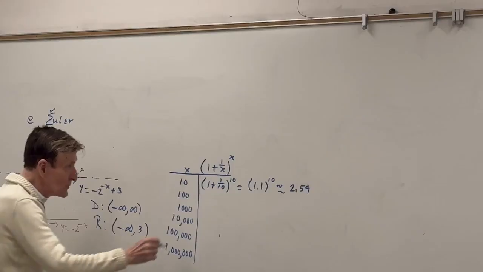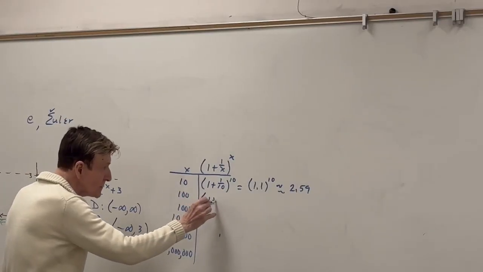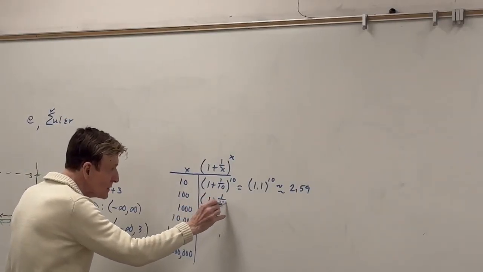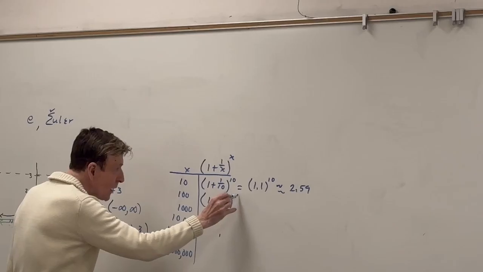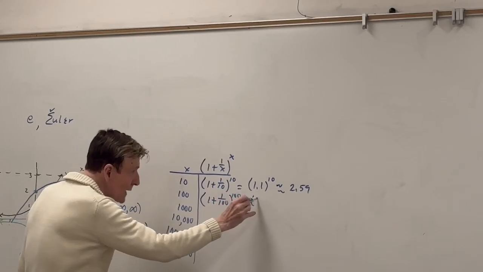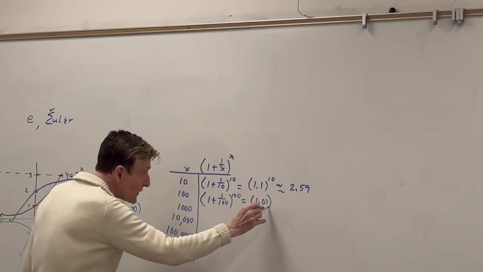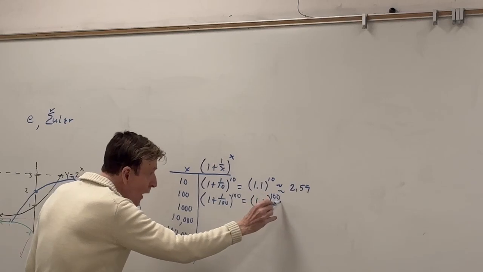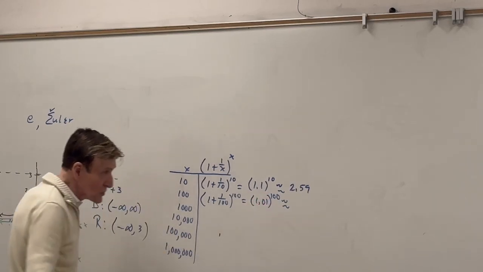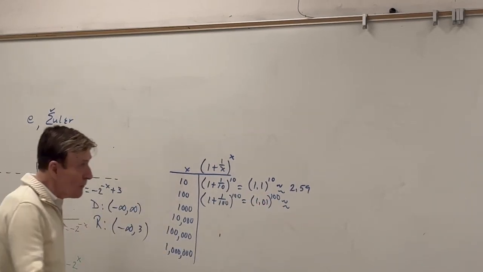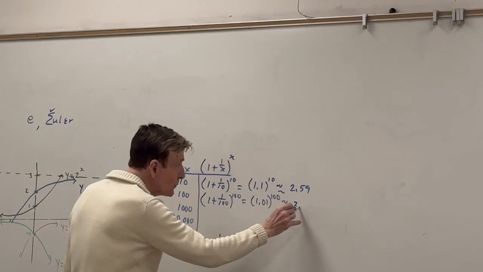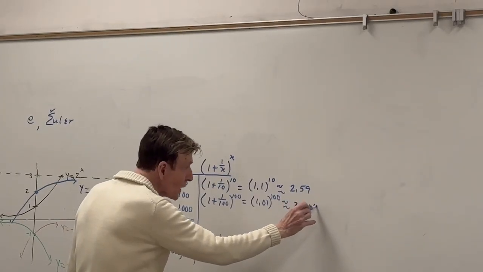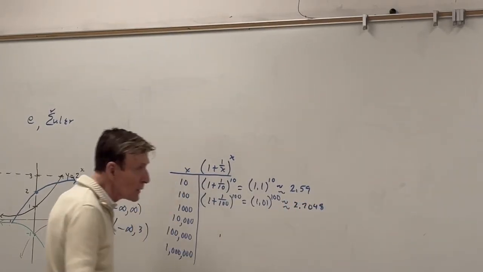If I try 100, larger, in that strange expression, it might be wise, since you're using a calculator, to think of it like this. See what that's close to. 2.7048. Now, guys, bear with us, we know where we're going.